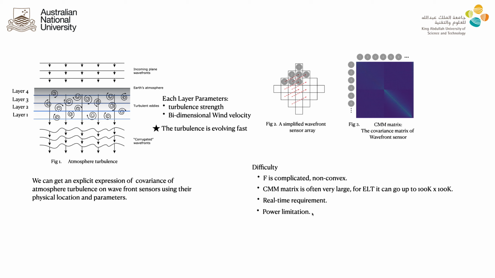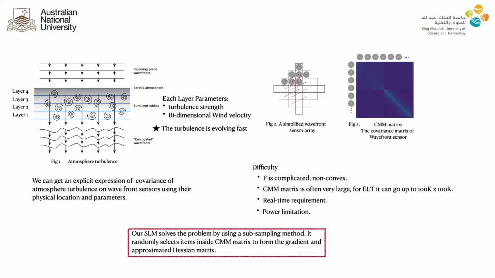The last difficulty is that usually the telescope is set up remotely, so its power cannot be too large, it cannot use a supercomputer, so it's a limitation. Our SLM solves the problem by using a subsampling method. It randomly selects items inside the CMM matrix to form the gradient and the approximate Hessian matrix.